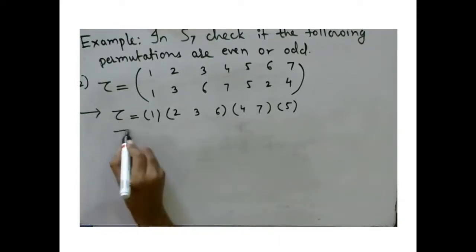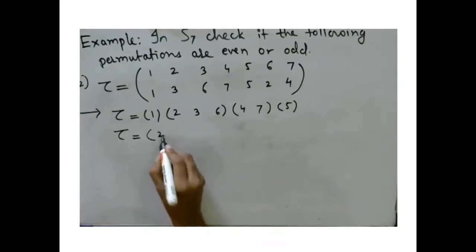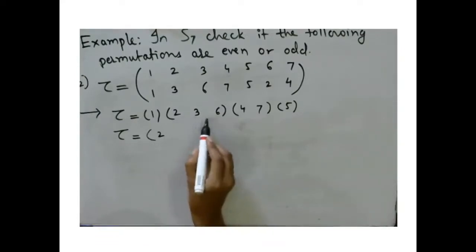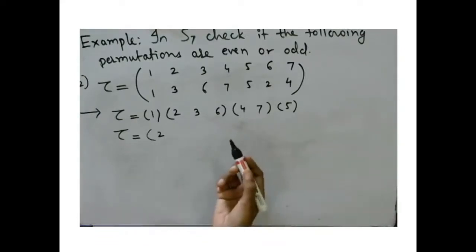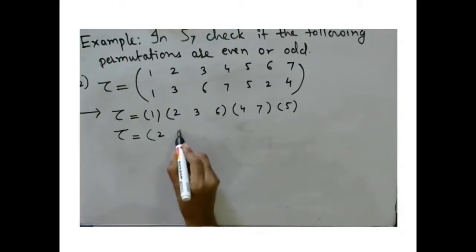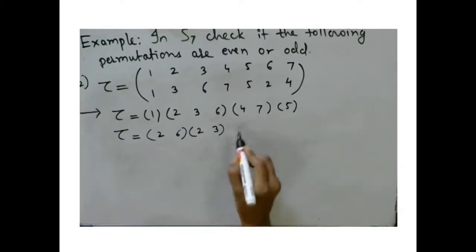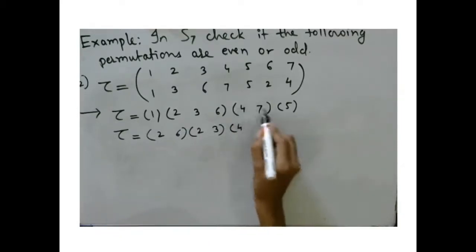Now we will write tau as product of transpositions. The 1-cycle we'll ignore. The 3-cycle can be written with r minus 1 transpositions, so you can write it as a product of 2 transpositions, (2 6), (2 3). And (4 7) is already a transposition.